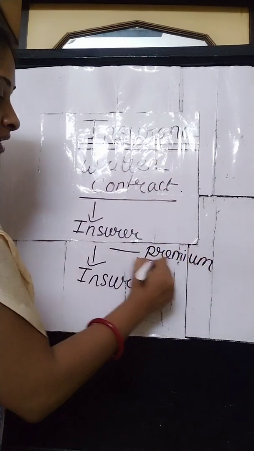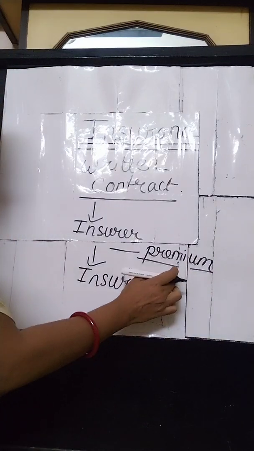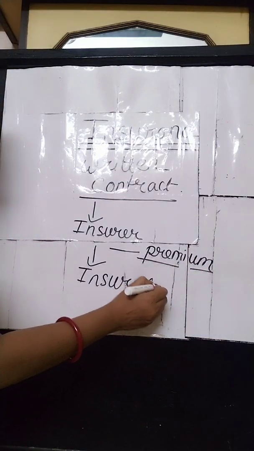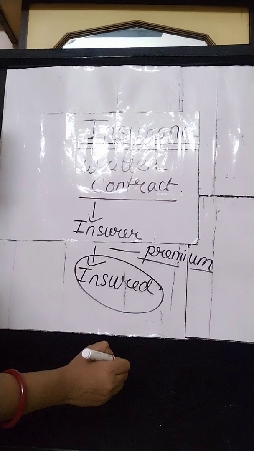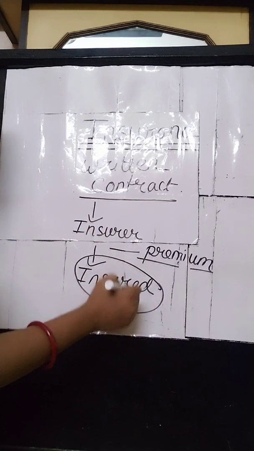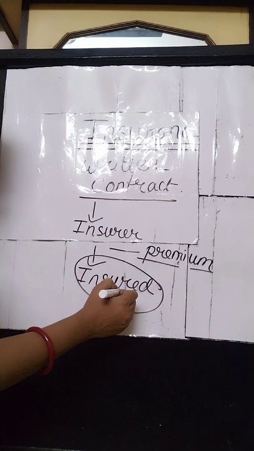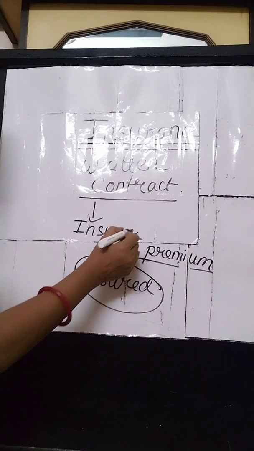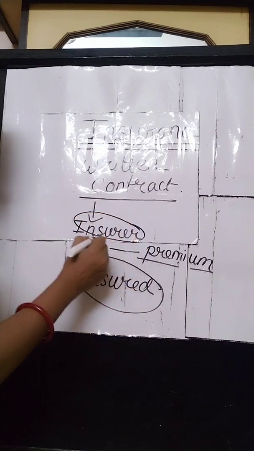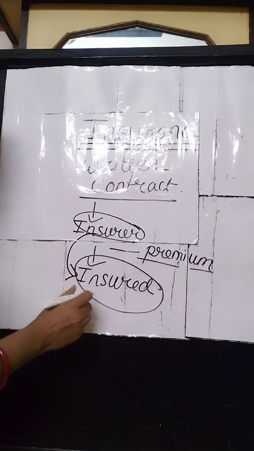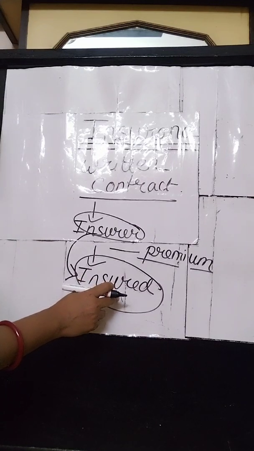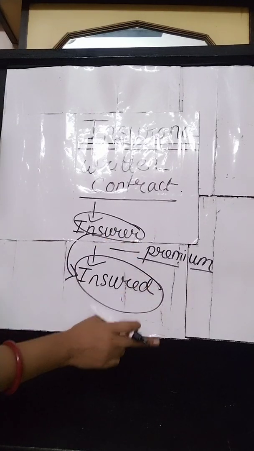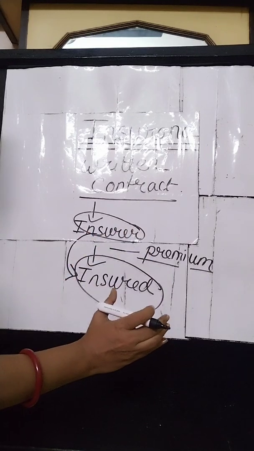This premium is a consideration which is paid from time to time by the party called the insured, and when this insured suffers a loss, it is the responsibility, the obligation, of the insurer to pay back the insured, because the insured has from time to time paid a money consideration which is called premium.